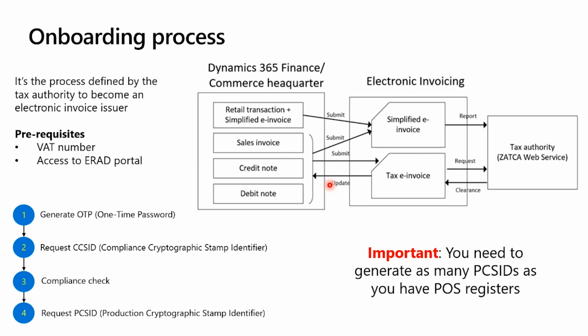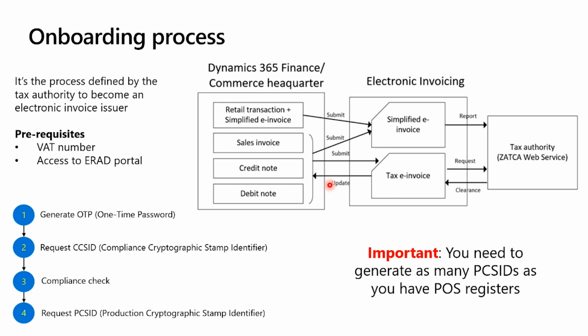The organization must also have access to the government's electronic filing portal, right. In order to onboard for using electronic invoicing in Saudi Arabia, the organization must request the portal to generate a so-called one-time password.